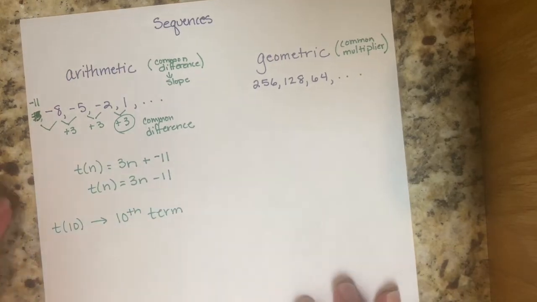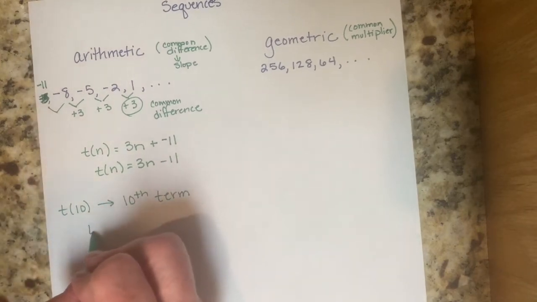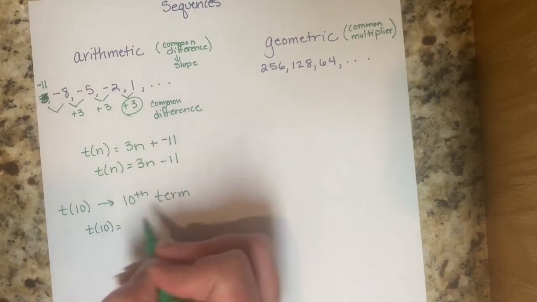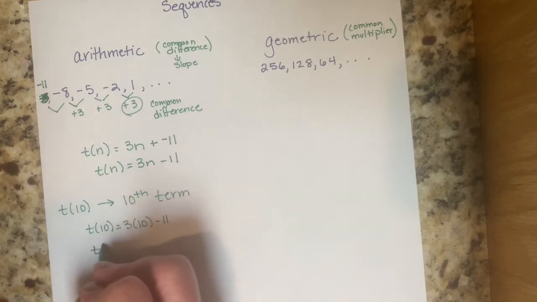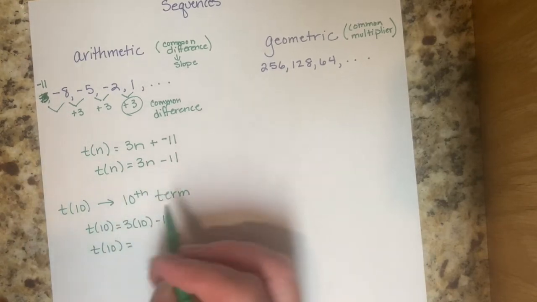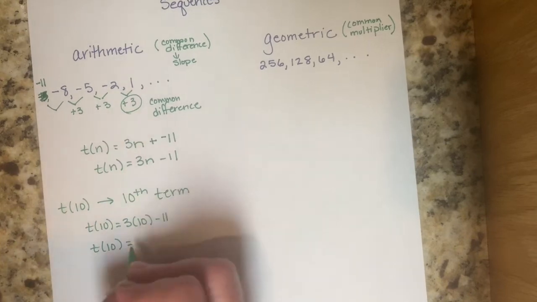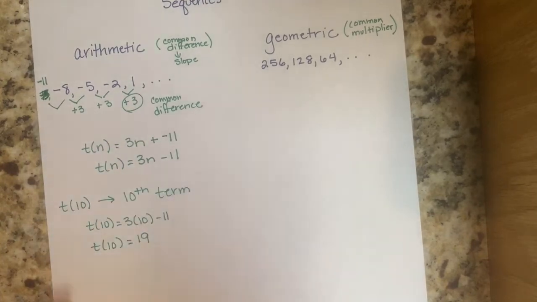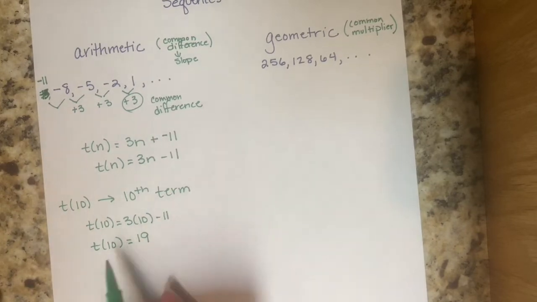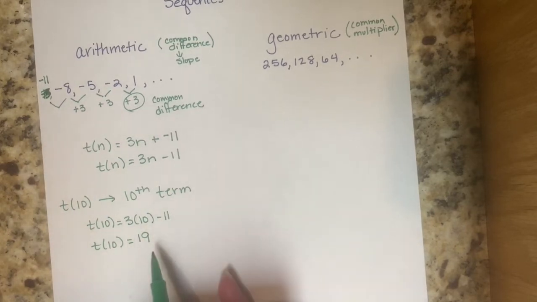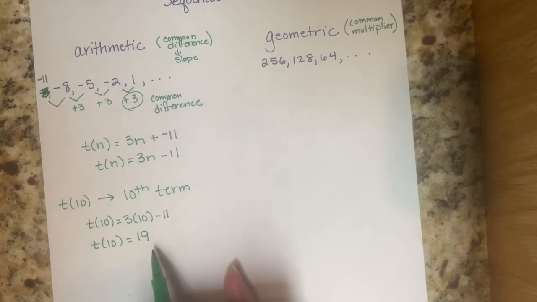And so I'm asking you to plug 10 into the equation for n. And in this case, t of 10 equals 30 minus 11, which is 19. So this is really saying we have a point (10, 19), or the 10th term has a value of 19.